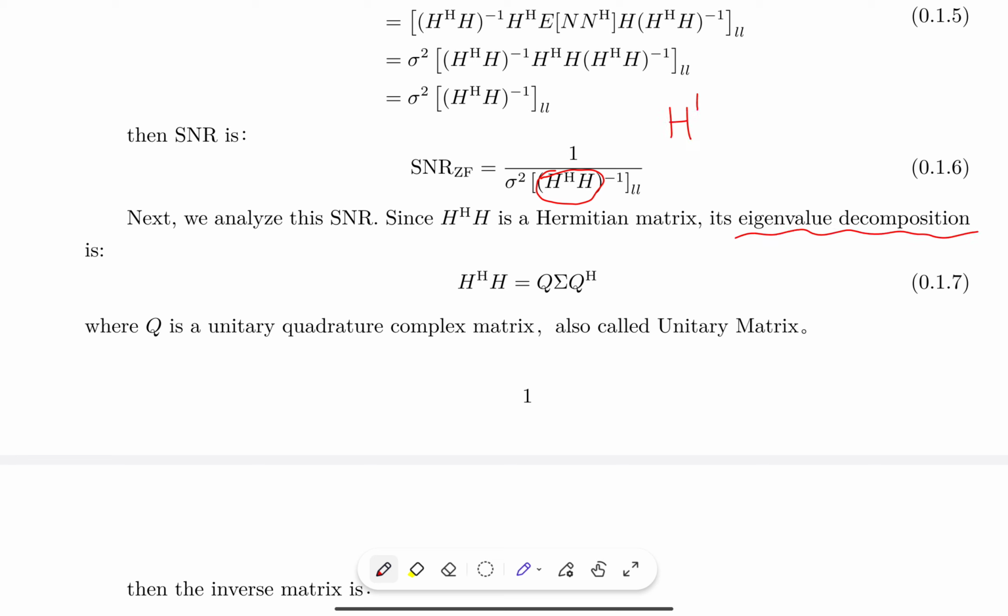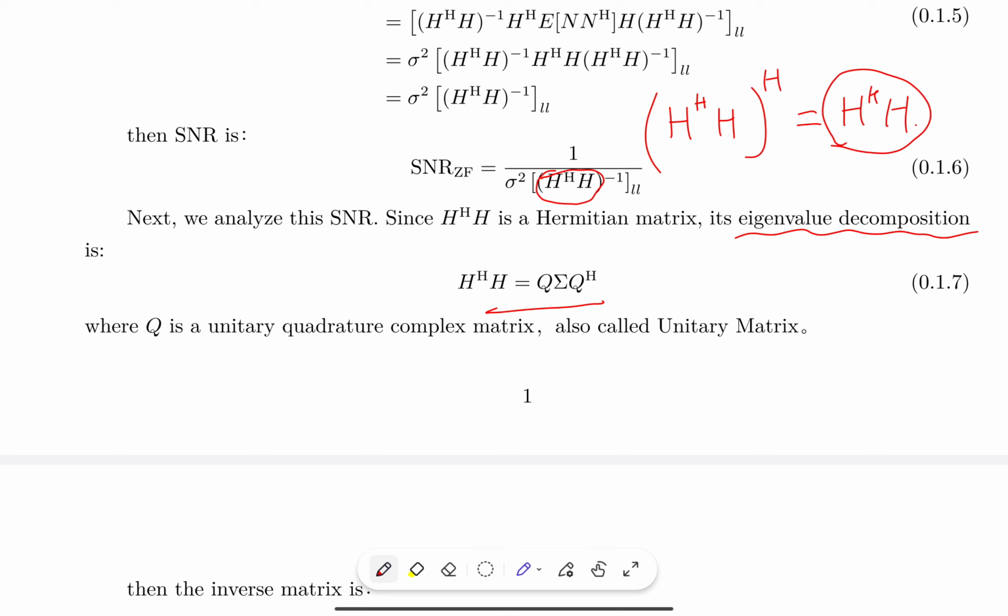Because this matrix is a conjugate transpose symmetric matrix, it means its conjugate transpose is equal to itself. So for this type of matrix, we do the decomposition.